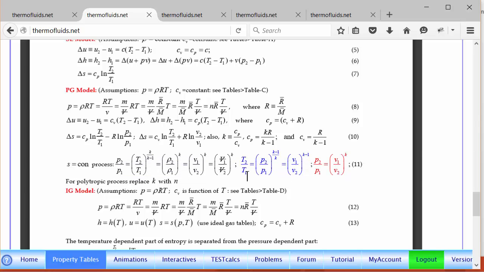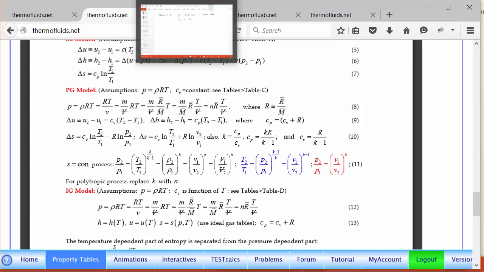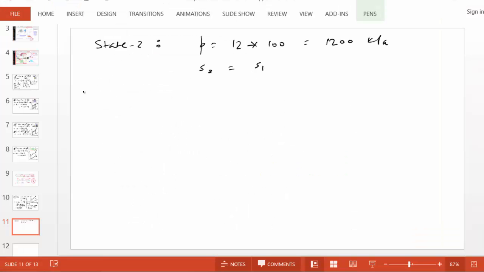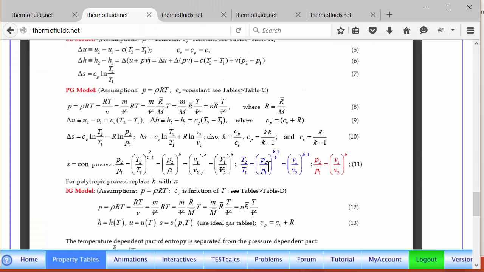You notice that we know the pressure ratio, so P2 over P1 is known, so T2 over T1 and P2 over P1 are connected by equation 11. So we go back using this. Once again, T2 over T1 is P2 over P1 to the power k minus 1 over k.